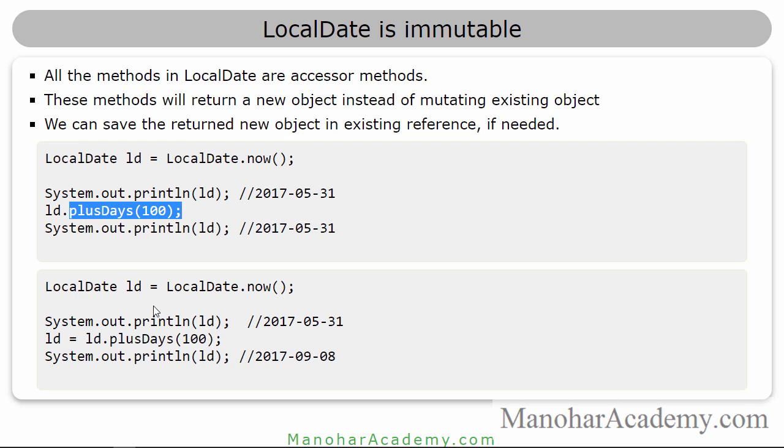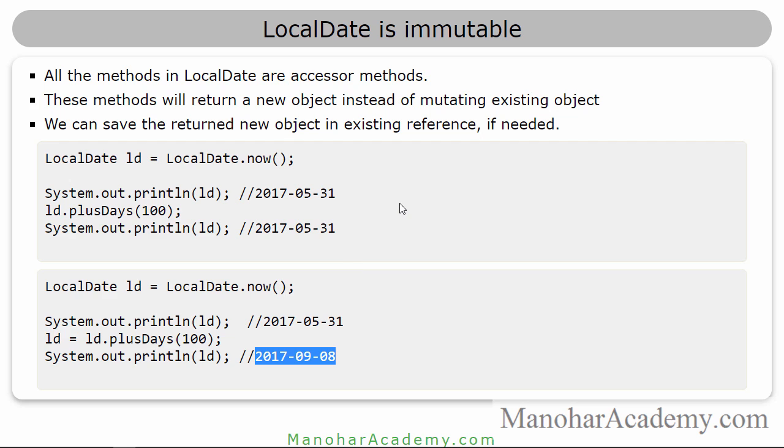So now if you see here, we have the same code, except when we are calling this accessor method, whatever new object is returned by this call, we are assigning to the same variable, that is LD. So before this method call, LD is referring to an object that has this particular value. After this statement, after reassignment, the same variable is pointing to a different object that has this value.